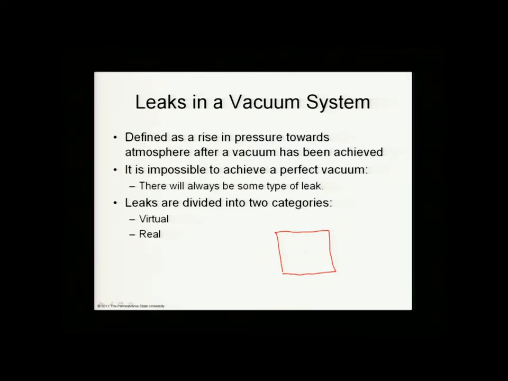Molecules leaking in from the outside, molecules coming from the very materials that constitute the vacuum chamber. So leaks are divided, because of these sources, into two types of categories. One is the virtual leak. It's real, all right, because the pressure goes up, but it's called a virtual leak, and I'll make the distinction as to what that means in a minute, or the real leak.